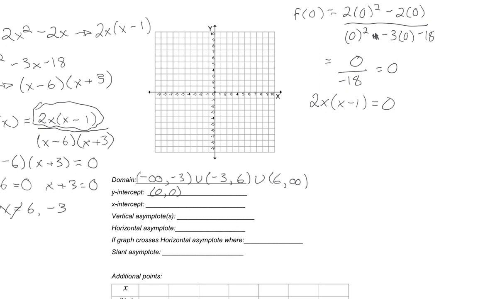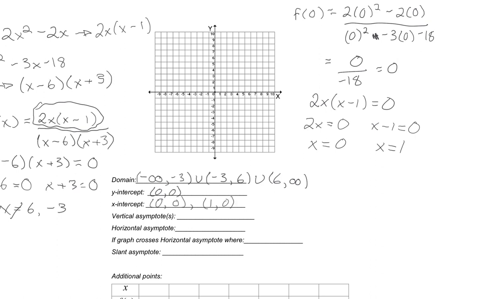I'm doing this again to find the x-intercepts, so I'm setting my function value equal to 0 and solving. Okay, and so we split this up into 2. So we get 2x equals 0 and x minus 1 equals 0. And from this we get x equals 0 or x equals 1. And so these are our two x-intercepts. Okay, so we have one at the point (0, 0), and the other one is at (1, 0).